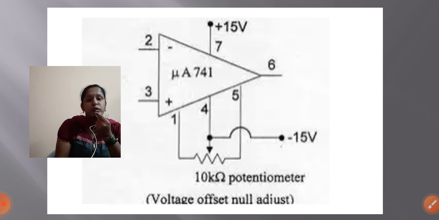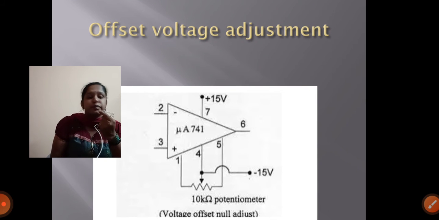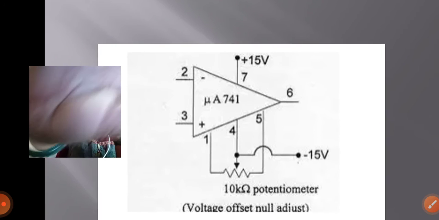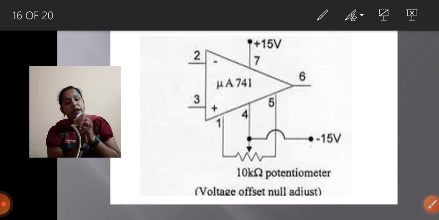That's why we are using the offset voltage adjustment, right? This is a circuit of the offset voltages. This one is an input, and this one is the plus and minus 15 volt power supply you are giving.